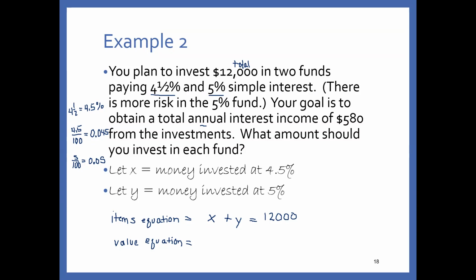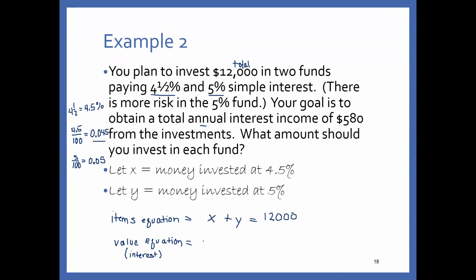Now, my value equation. In this problem, the value is not the dollars themselves, but the interest that we're earning on them, because that is my return on that investment. So the interest that I get on the X dollars, I will get 4.5%. I already did the work off to the side to have a decimal for that percent.